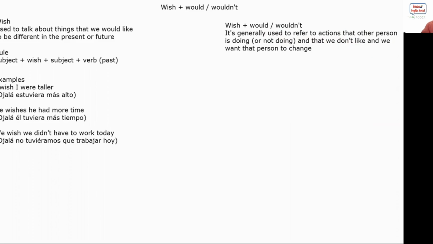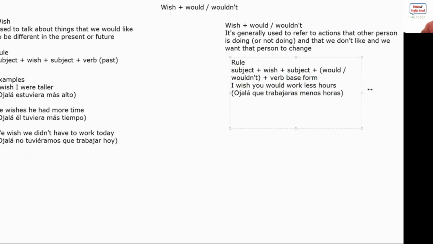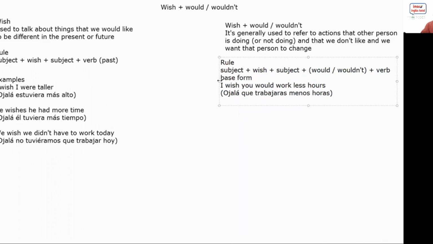So that makes this type of actions or situations totally different. Now, what is the structure? What is the rule that we have to follow? Let's see. This is the rule.